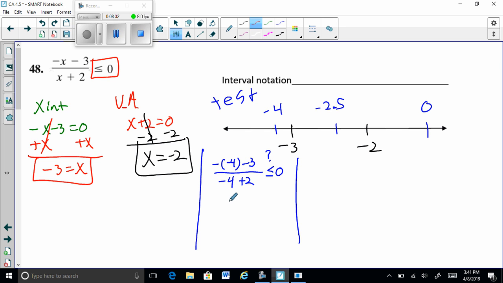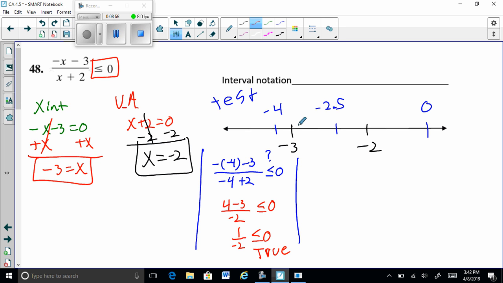So the double negatives on top will become +4 minus 3 over -2. And then 4 take away 3, it's going to be 1 over -2 is less than or equal to 0. That is true. Okay, because you got a -1/2 basically, and negative numbers are less than or equal to 0.